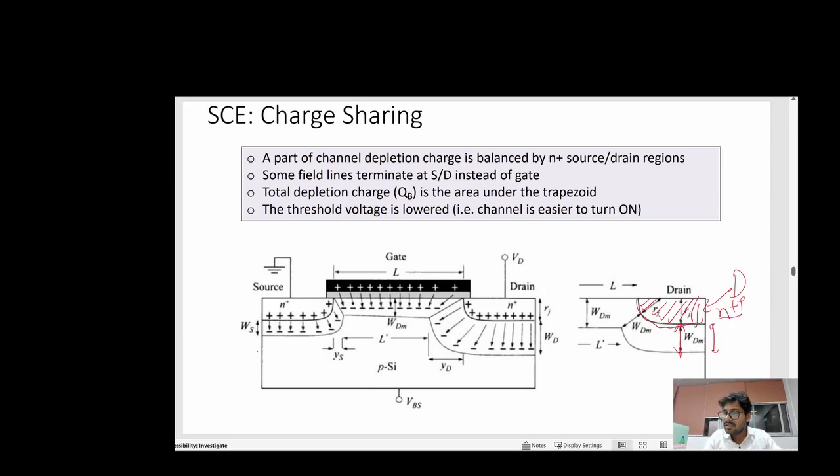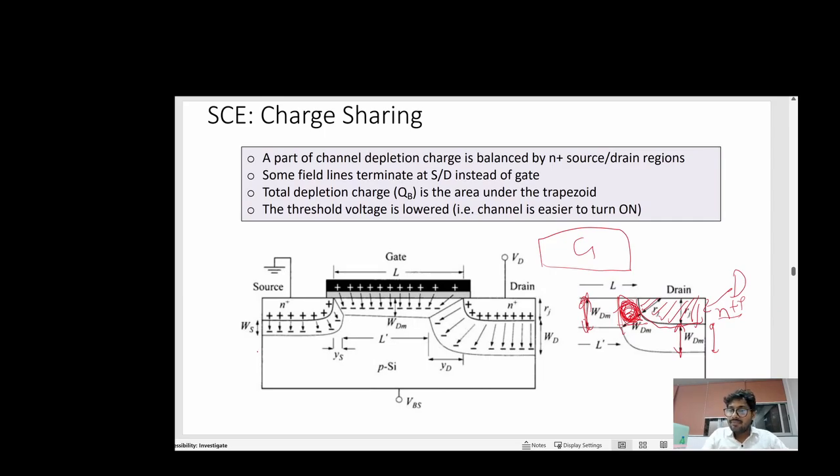This is after application of the gate voltage, the thickness of this depletion region, the channel thickness we can say. But in this region, both are sharing the charge, this and this. So this charge is shared, right?